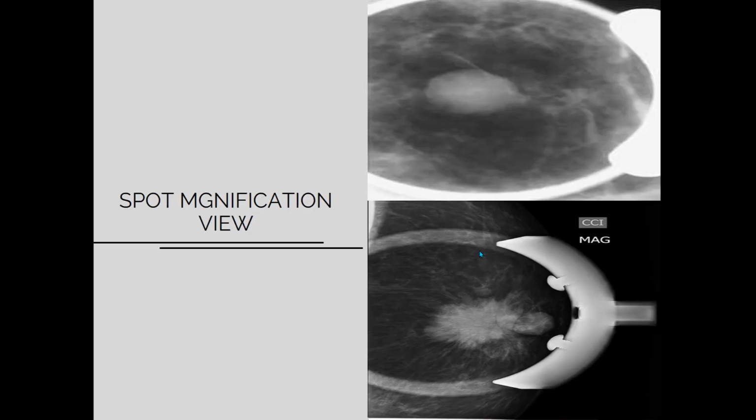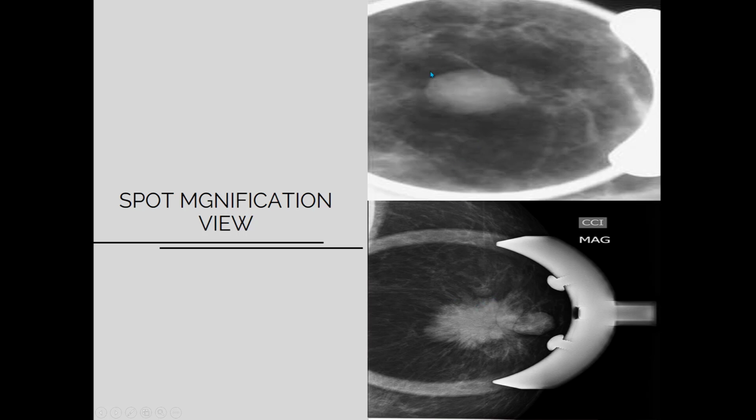When you can see the pectoralis muscle, this is basically mediolateral oblique view. And this is spot magnification view: separately, a magnifying lens is used and then the picture is taken. Why? Because when you see some pathology that is not clear on the regular views, you can take the spot magnification view so that it is magnified and you can see what the pathology is.